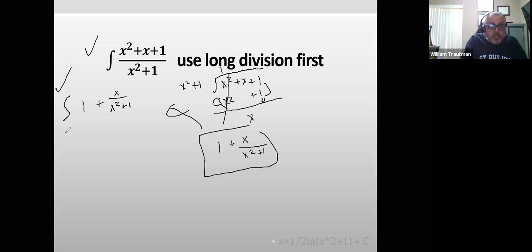So we're going to do 2 integrations. You have to integrate a constant 1, and you have to integrate x over x squared plus 1. So I'm going to erase the rest of this stuff on the right.